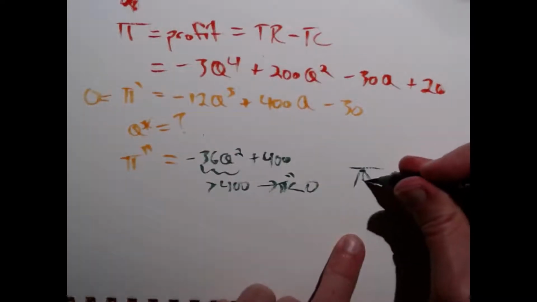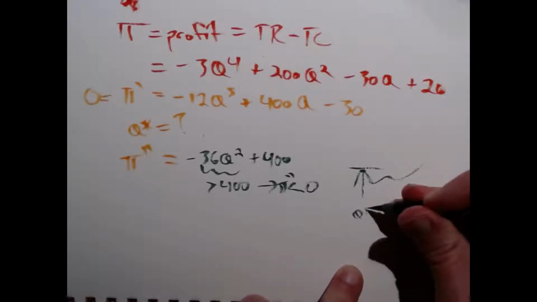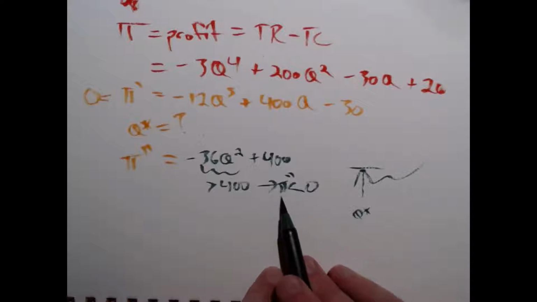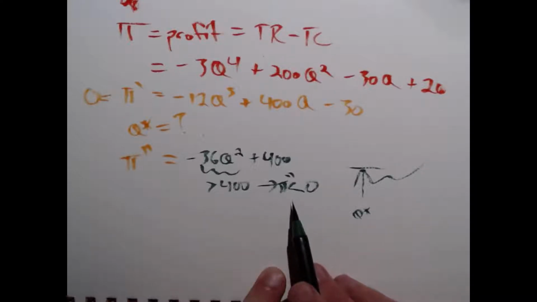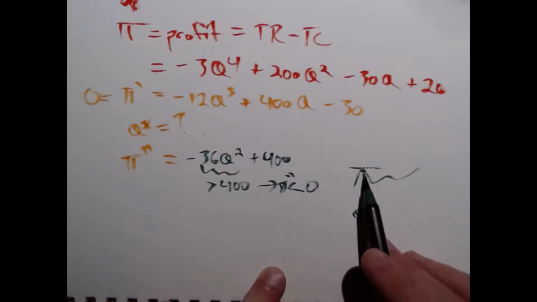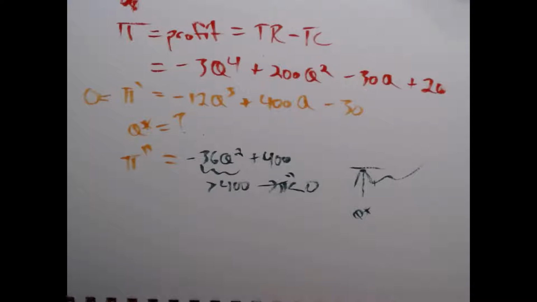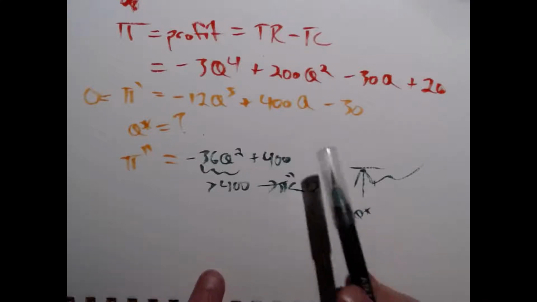So at this critical point, one of our possible q stars, this would be a case where pi double prime is less than 0. So we're looking at a local maximum, the peak of a hill instead of the bottom of a valley. All right, so for those, you're looking at something pretty straightforward.